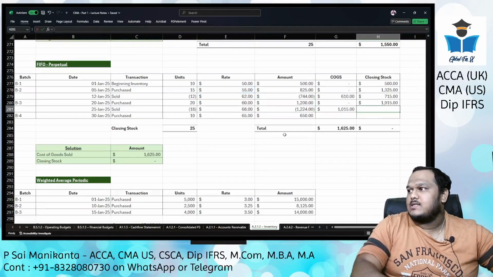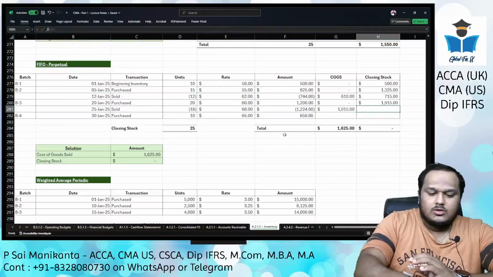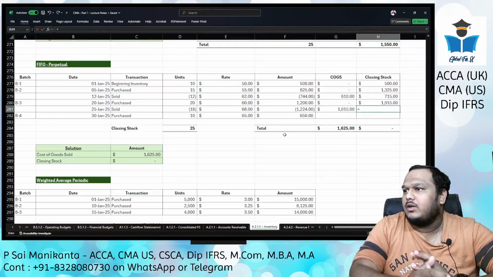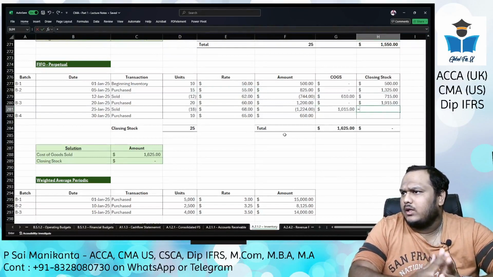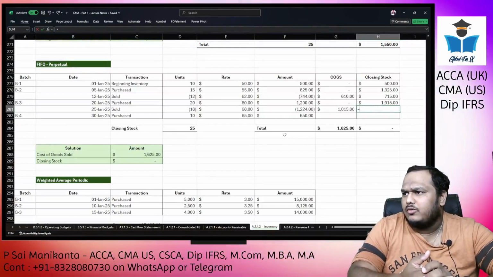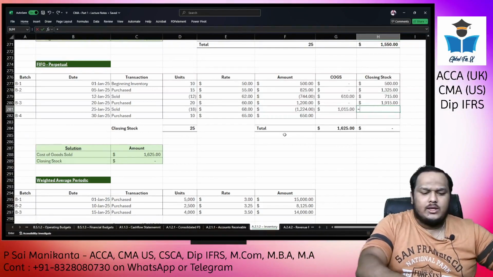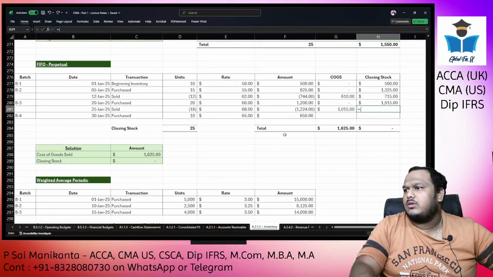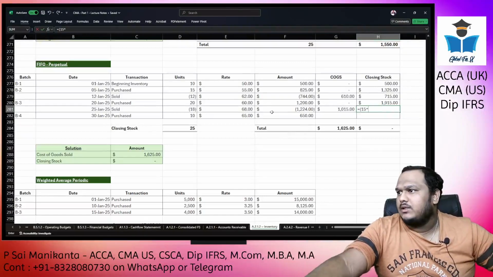So closing stock will now have how many? 13 were there, then we sold 18, so 5 more we sold. So 15 will be there, 15 multiplied by 60.